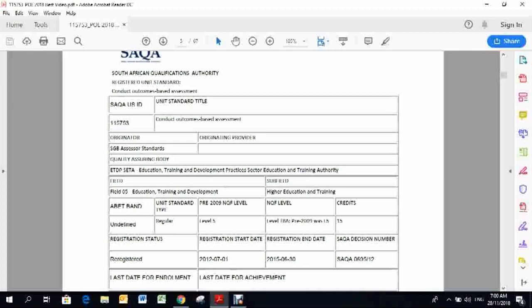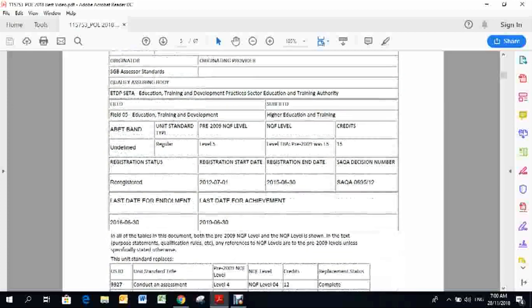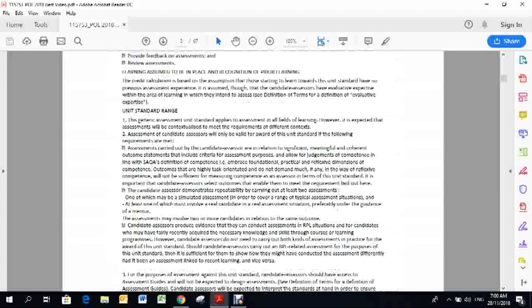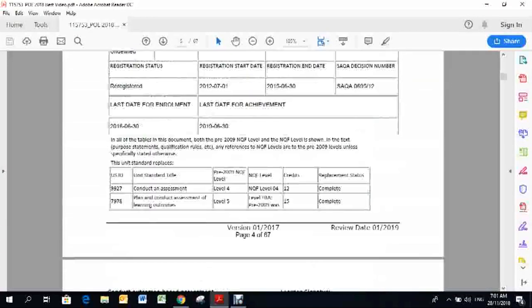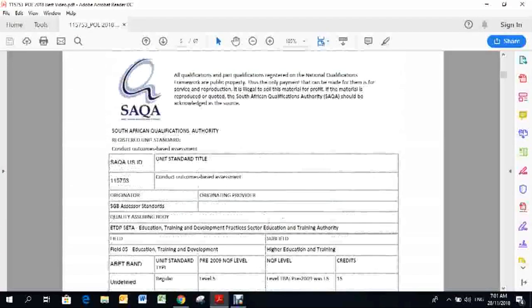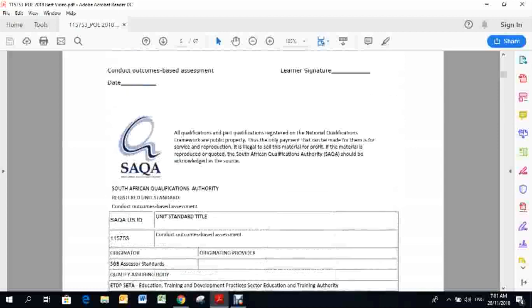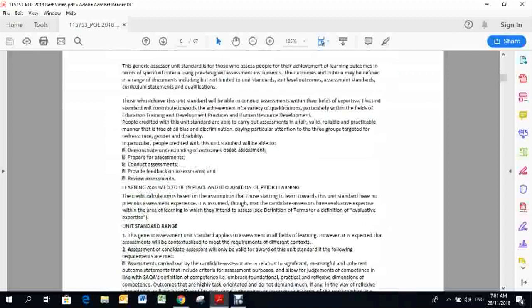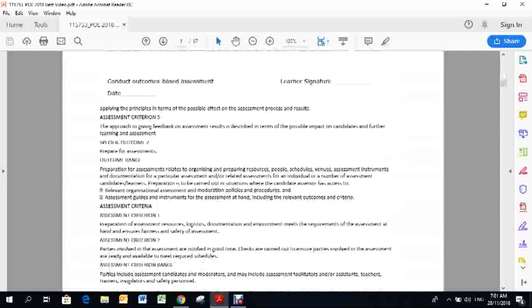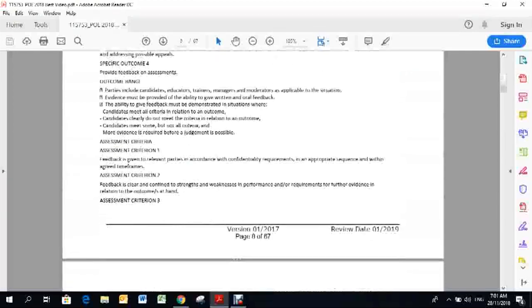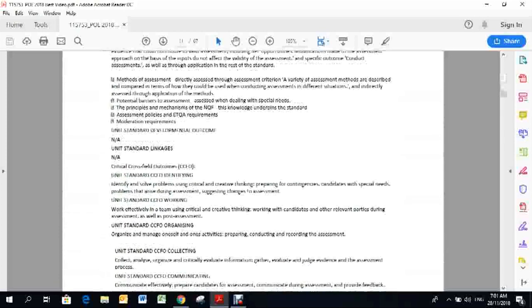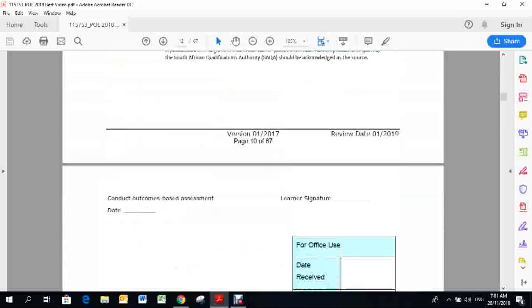So SAQA would want us to follow all of these in order for us to achieve the unit standard. For now, you're not going to do anything. You're just putting your signatures and dates on each and every page. We'll come back to it, and then we'll look at how best we can use that document.